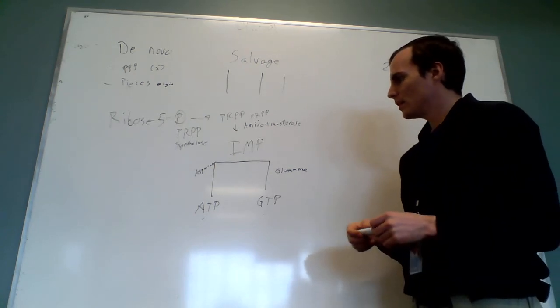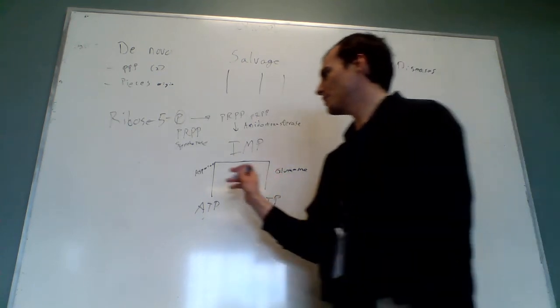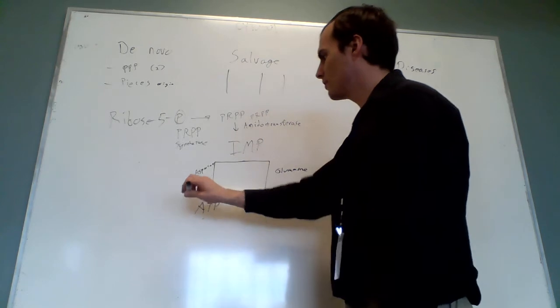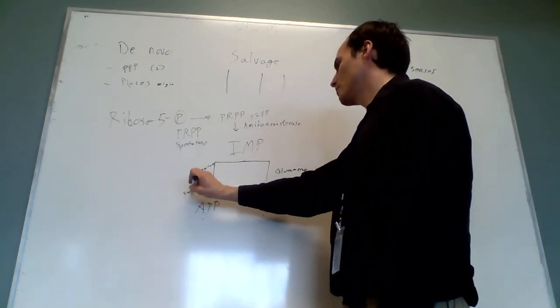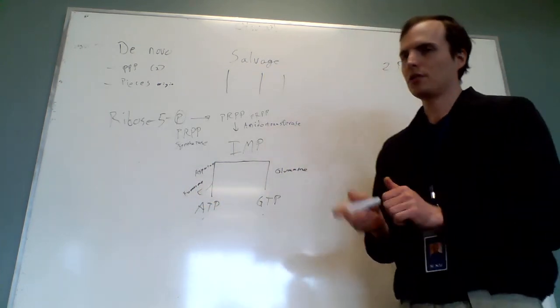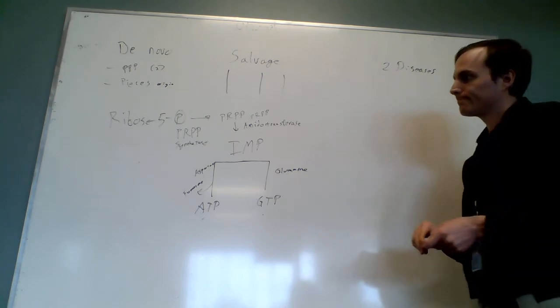So, I think that that's how much you need to know from this. Technically, right here, you also have fumarate coming off as a byproduct in the ATP. And it's possible there might be one question on something like that. All right.